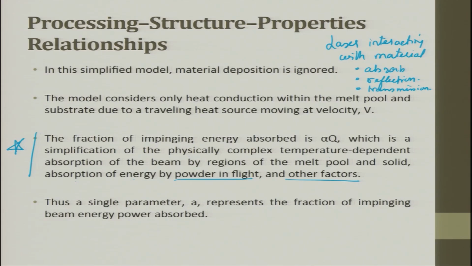The laser, when it interacts with material, it can undergo anything, it can absorb, it can reflect or it can transmit and go. So, we have to find out what is the ratio, and this absorptivity, the light interaction absorptivity, depends from material to material, it is not a constant, and also it depends on the wavelength of the laser. Thus, a single parameter A represents the fraction of impinging laser beam power absorbed.